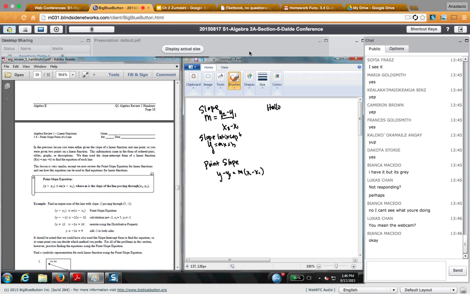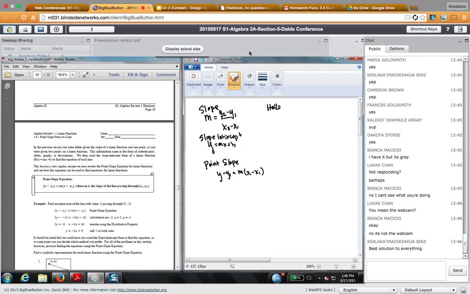I don't have my webcam going, so you can't see my face. I figured you don't need to. Hopefully, everyone else can see my computer screen, though. Yeah, it's the best. It's the only solution really to everything.